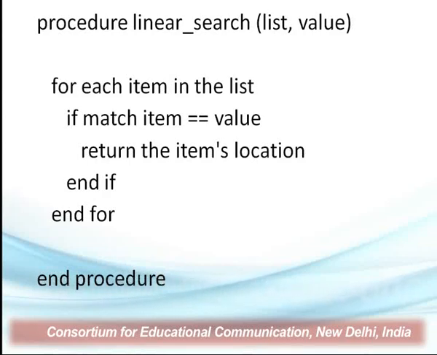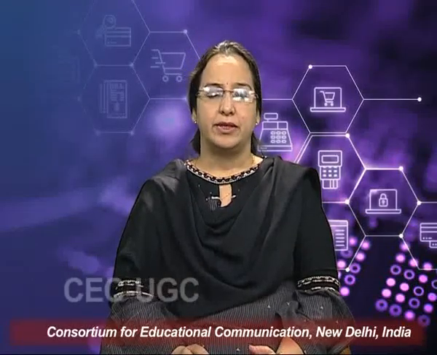Else we will keep on checking till the last value. And if we find the value in between, we will return the index of the array or position at which it is available, and then we will end the procedure.